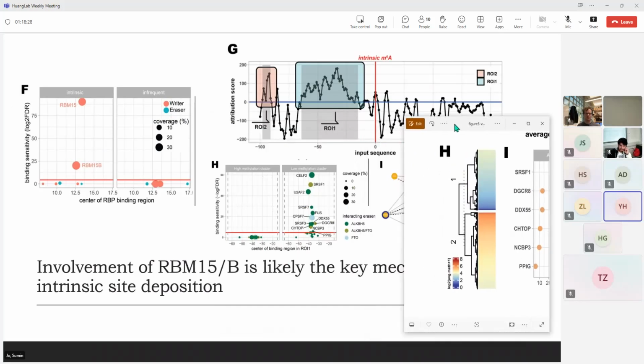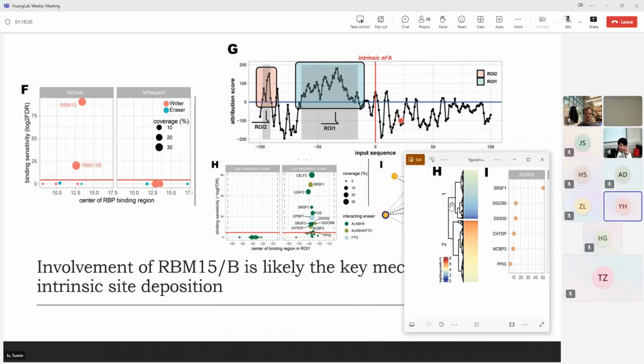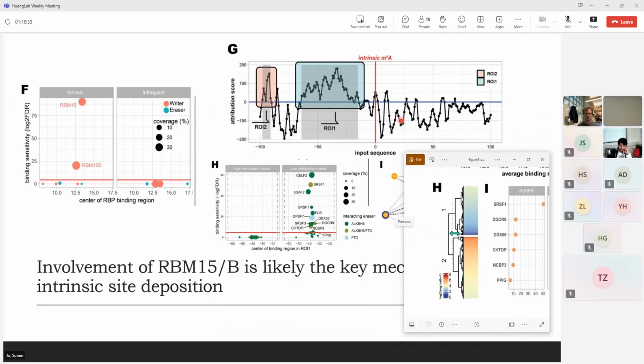But more specifically, the hypothesis here is that for M6A sites with different methylation levels, the RE binding proteins that bind in the neighborhood are probably going to be different. Right? So because of this, you group the intrinsic M6A sites, based on their methylation levels, into two groups, namely the group with high methylation and the other with low methylation levels.